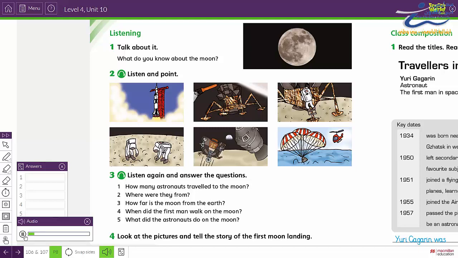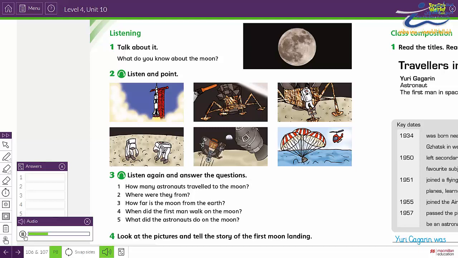6, 5, 4, 3, 2, 1. Lift off. The huge rocket took off and went up into the sky. 3 American astronauts were on board, and they were very excited.